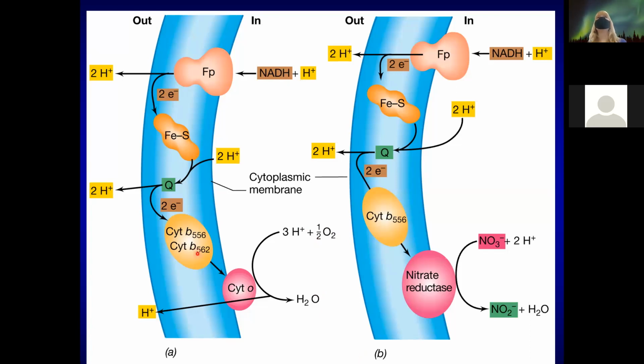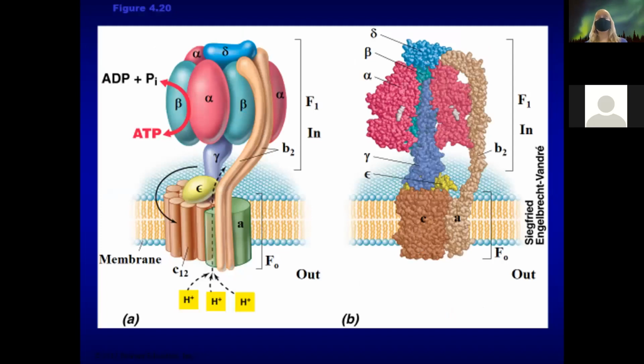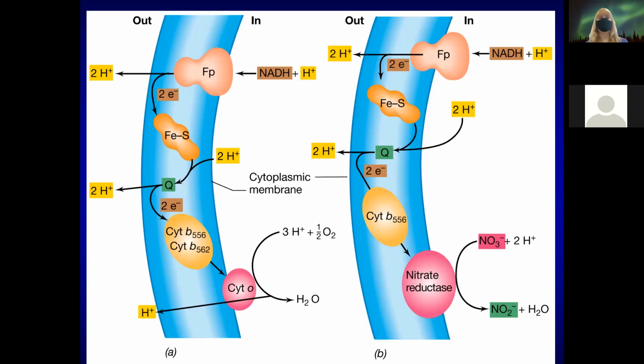In that process, protons are getting pumped across the membrane, and you get a buildup of protons. They don't show the ATPase, so you have to imagine the ATPase here. Those protons will flow through the ATPase and get you your ATP. So this is one example of aerobic metabolism, with oxygen sitting at the end.